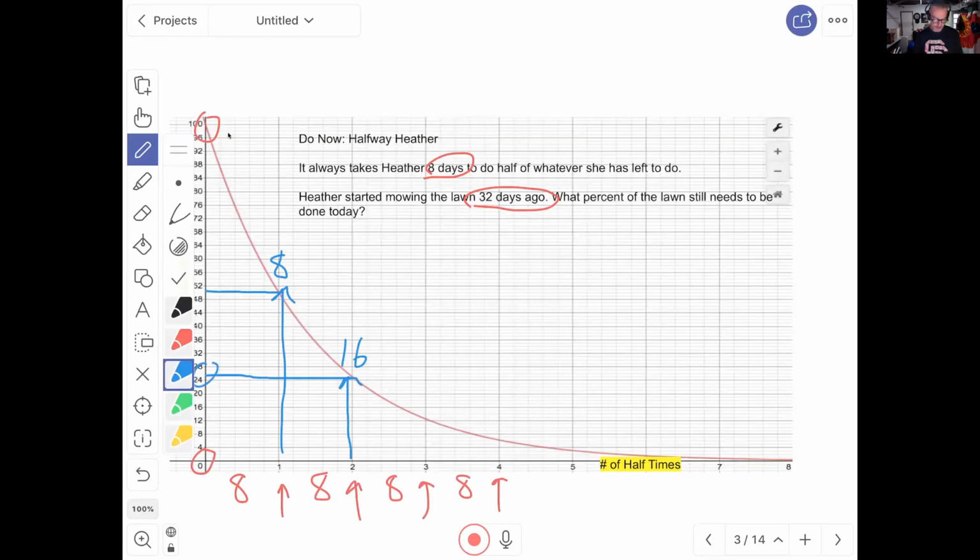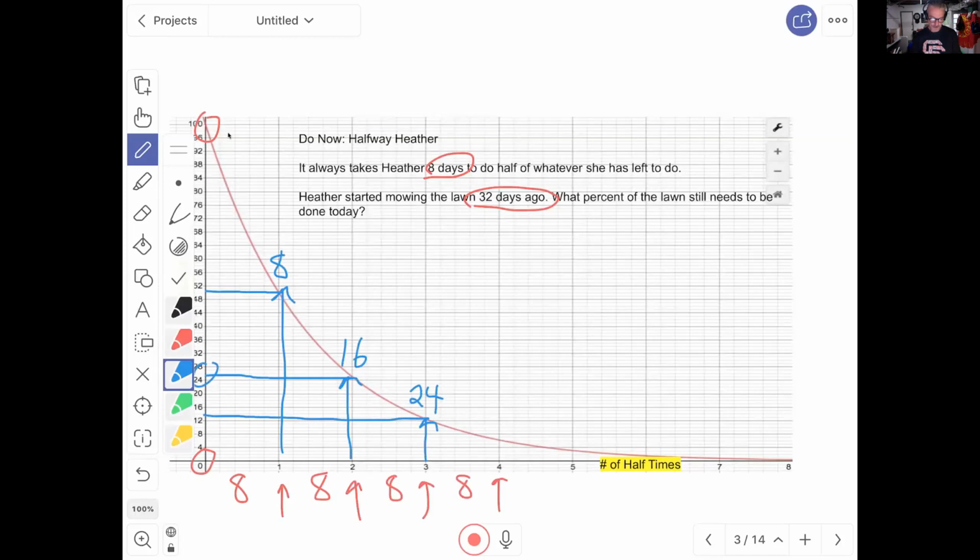Well, another 8 days must be half of 25. Half of 25 is 12 and a half. That's about right here. Aha, check that out. That's 3 half times. That makes sense, right? So this must be at 8, 16, and now we're at 24 days. Now the problem says she mowed the lawn 32 days ago.